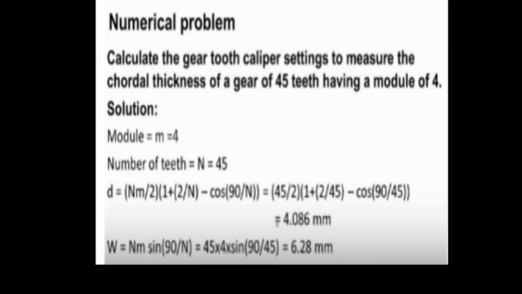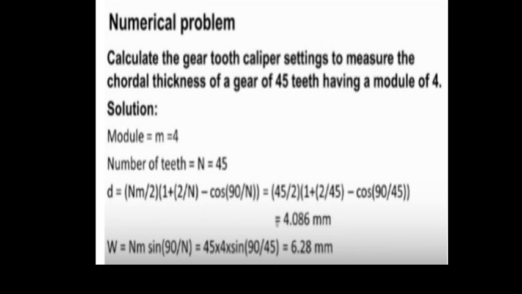So we have to feed the values of n and m, where n is 45 and m is 4. So 45 into 4 by 2, in bracket 1 plus 2 by 45 minus cos of 90 by 45. So this will give the value of 4.086 mm. So this value we have to set in the vernier caliper.